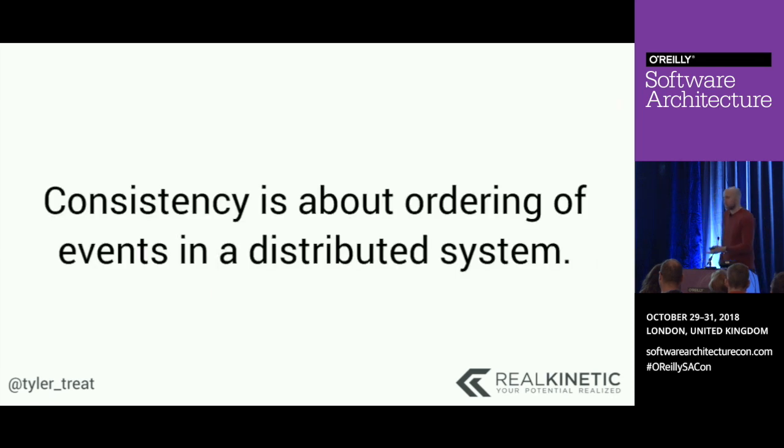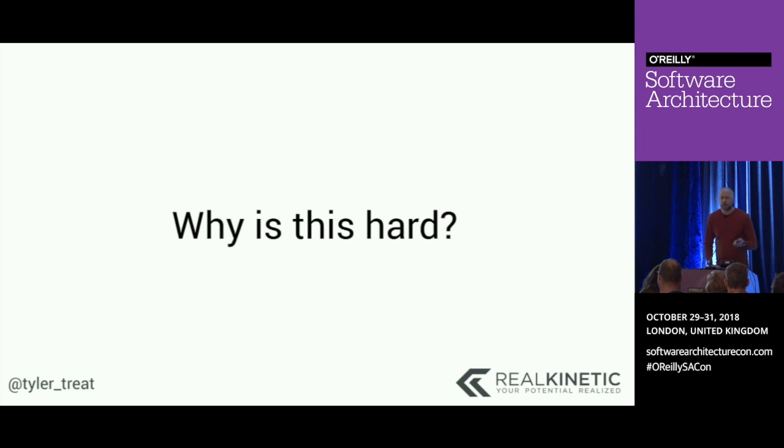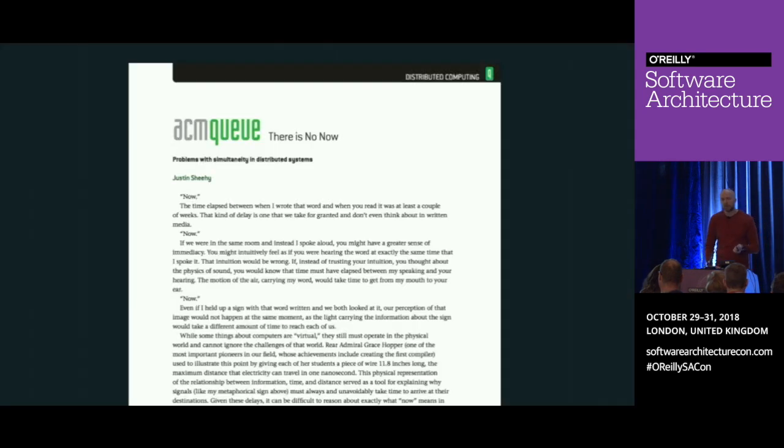And so when we're talking about consistency, what we're really talking about is the ordering of events in a distributed system. And why is that so hard in the first place? Really what it comes down to is that there is no intrinsic ordering that we can rely on to order the events that happen within a system.